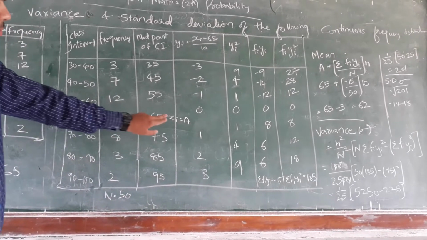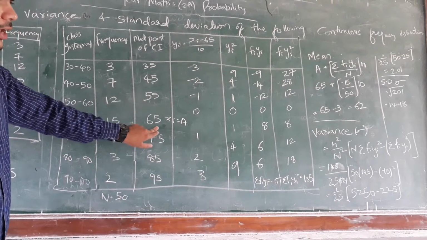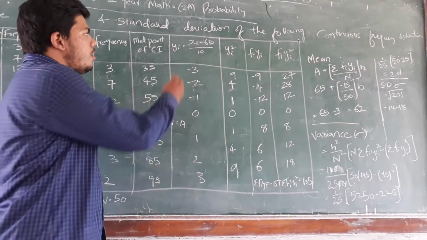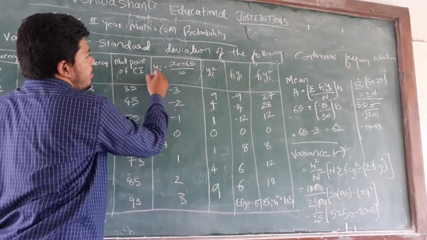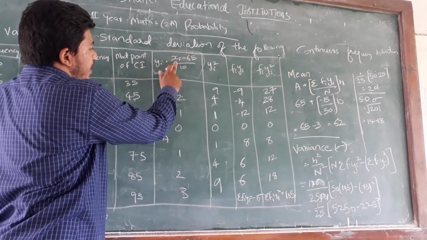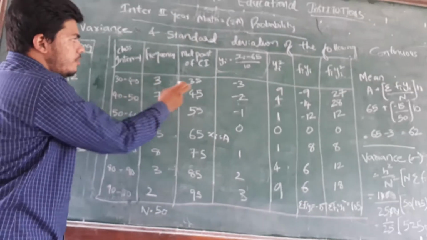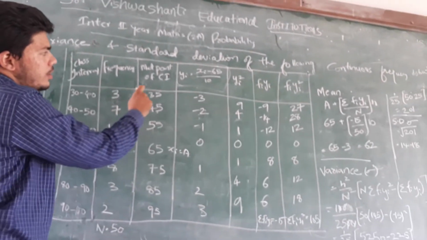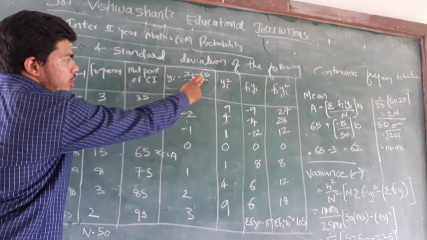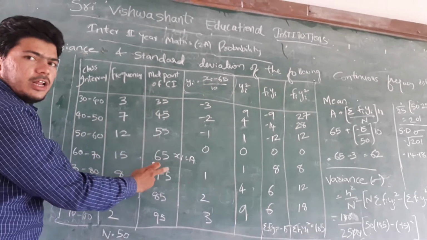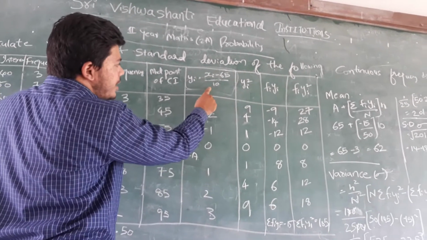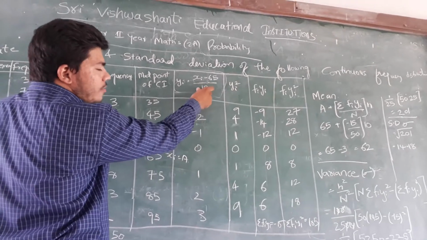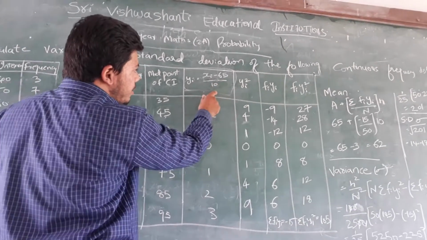What is the mean we have taken? 65. Now yi, just keep this formula in mind: yi is equal to xi, the number we are using, minus 65. What is 65? The middle value which we are taking, divided by 10, where 10 is the class interval difference.